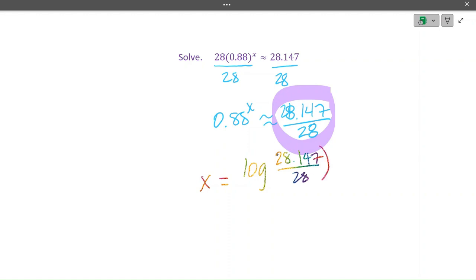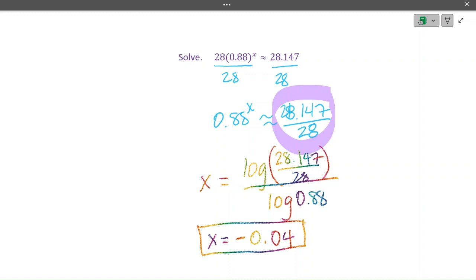So remember, we pop that into parentheses in our calculator, and then we divide it by the log of our base, which is 0.88. And when we put this into our calculator, we get x equals negative 0.04. Now, I went ahead and substituted this back into the equation, and this is in fact the correct answer.